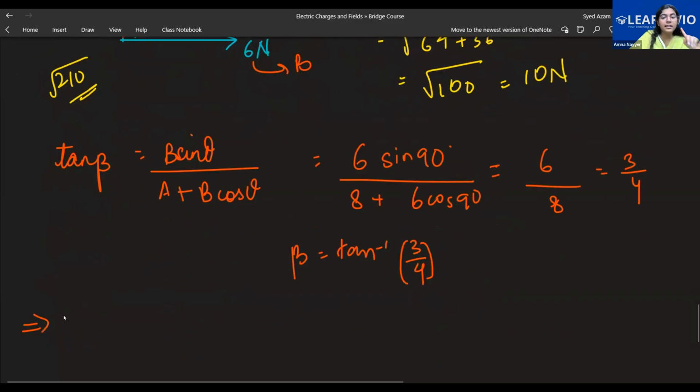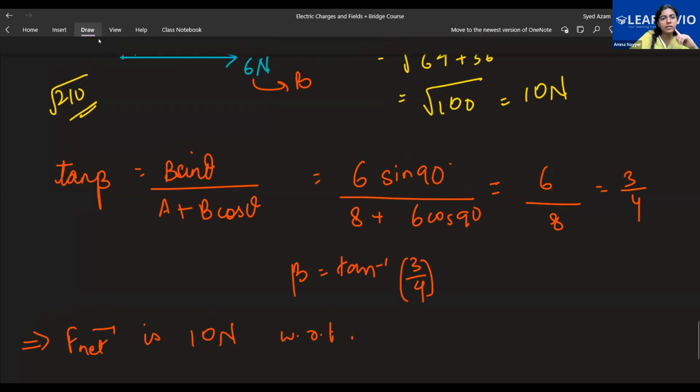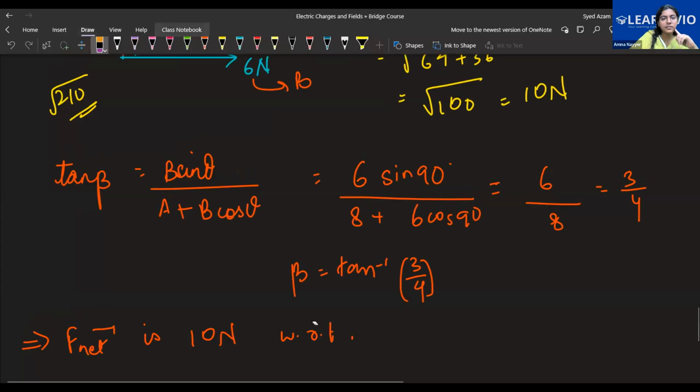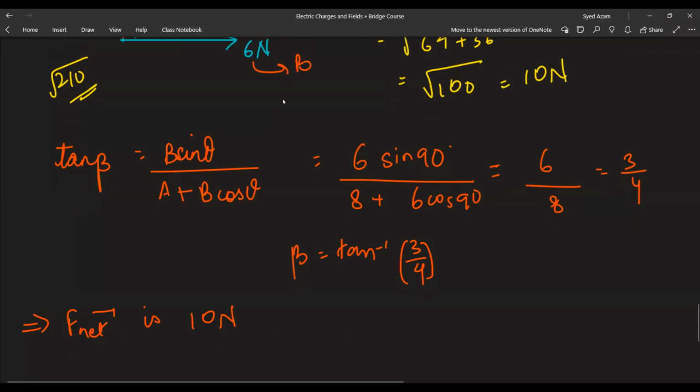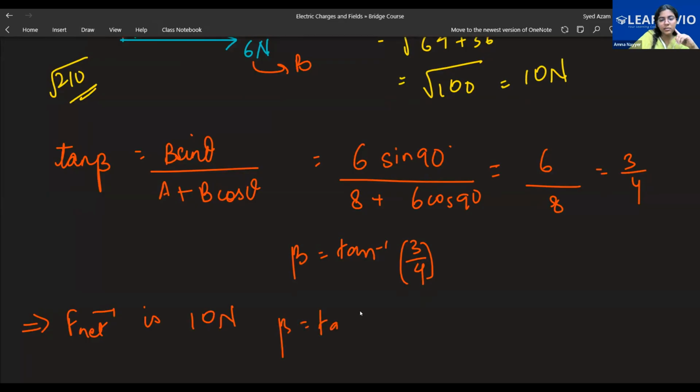Complete answer is written like: resultant force F net is 10 Newton, beta is tan inverse 3 by 4. Now you have to mention what this beta is with. So you will tell with respect to 8 Newton. Like this is your complete answer.